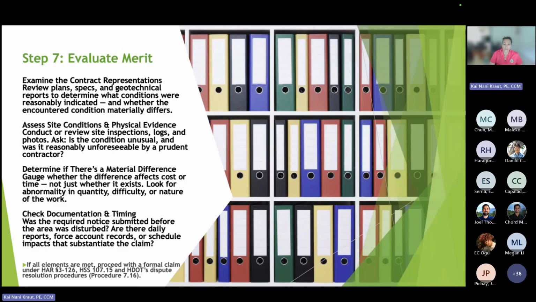So this is where you're going to do your site inspection. You'll gather that information. And again, is the condition unusual? Was it reasonably unforeseen by a prudent contractor? Again, lots of words in there, but we're looking for, did the DOT do the best job they could in presenting the information? Did they withhold any secret things that they could or should have known about?